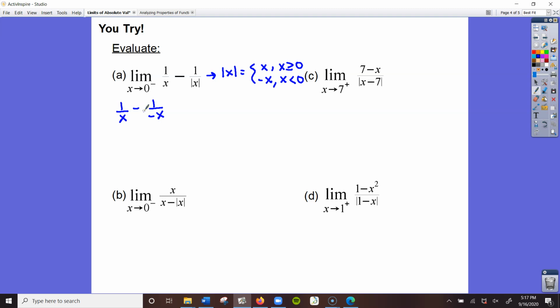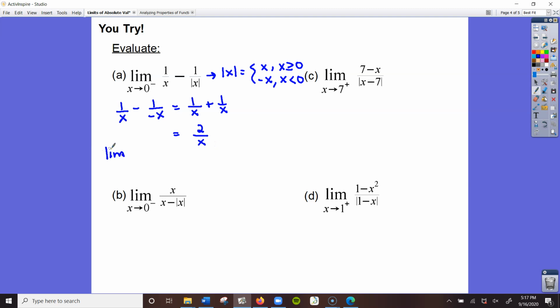Because we have this negative over negative and then times another negative, we end up with 1 over x plus 1 over x, which if we add these together, gives me 2 over x because it's over a common denominator.